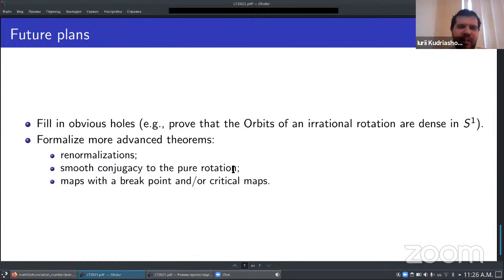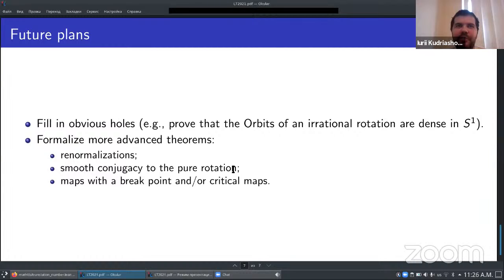Maybe, okay, and another possible direction is to prove various relatively simple results about group actions or monoid actions on the circle.